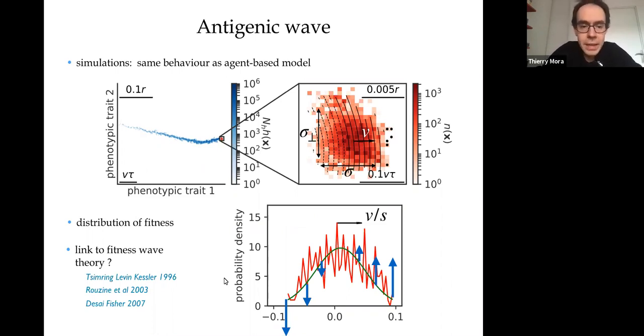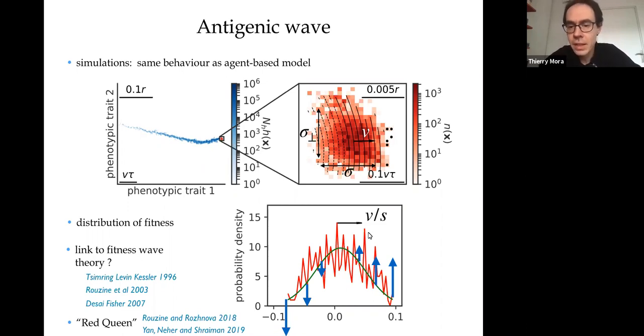So there are two differences with the usual fitness wave theory. One of them is that even though I said that this fitness wave moves in fitness space, that is not really true, because it moves with this speed. At the same time, the immune system is catching up, and therefore the fitness of the entire population also goes down.